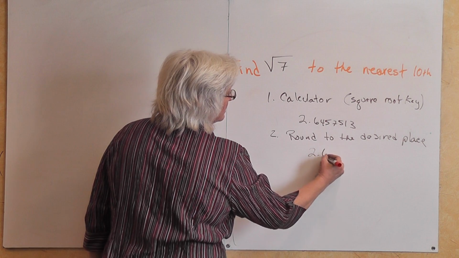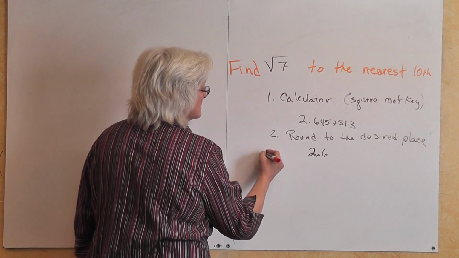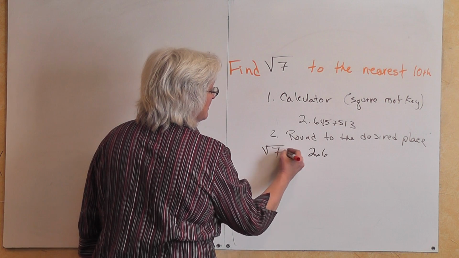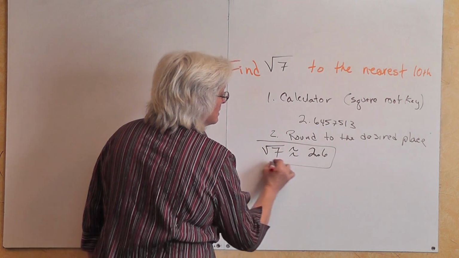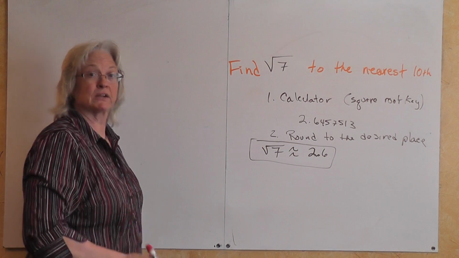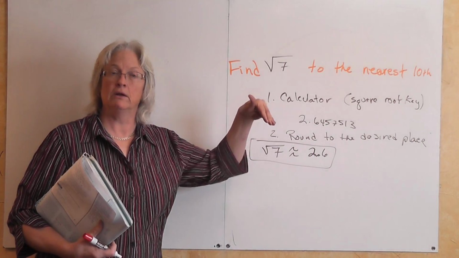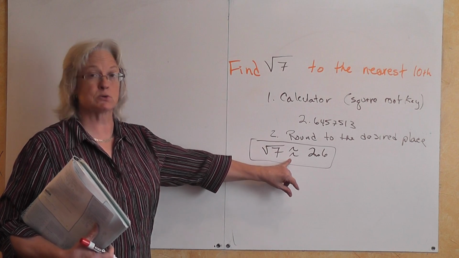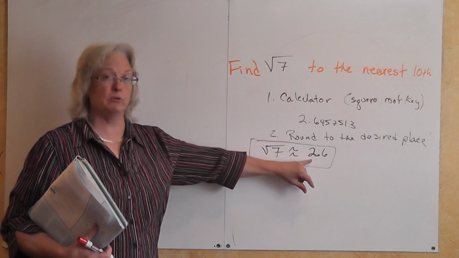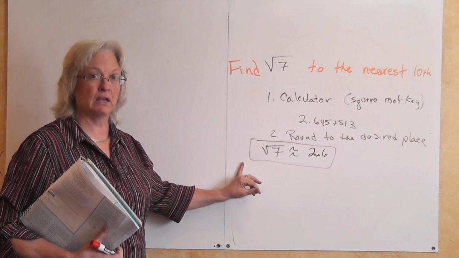Our rounded answer here is going to be 2.6, and we are going to say that the square root of 7 is approximately equal to 2.6. The little wavy equal sign means that it's approximately equal to. You can't say that the square root of 7 is equal to 2.6 because it's not. This is not an exact answer.